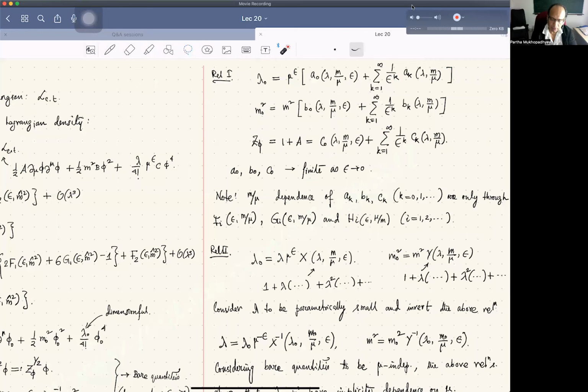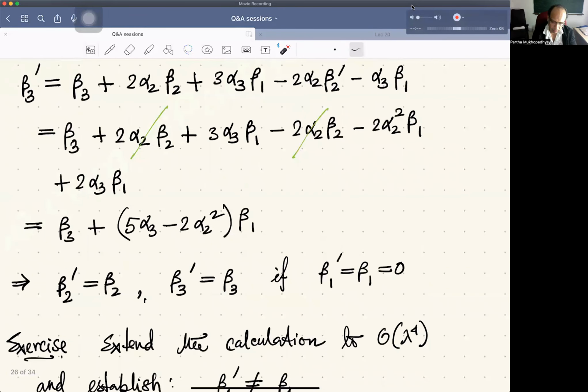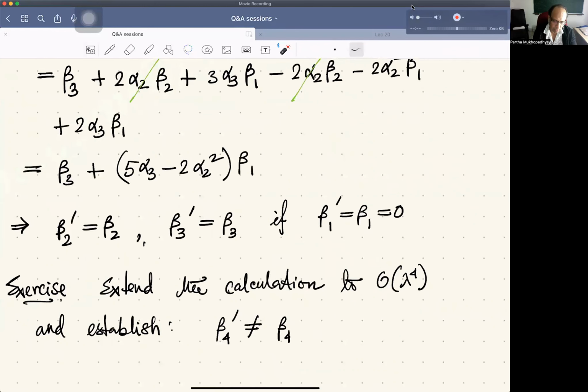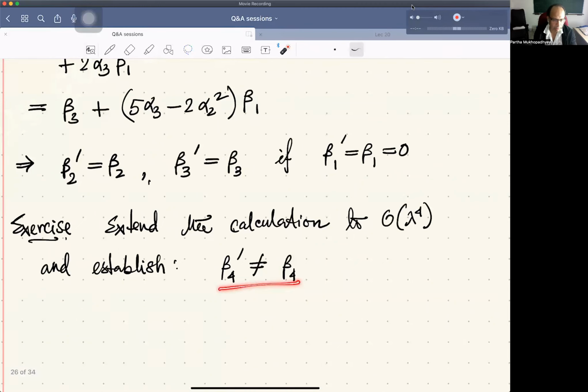So we just argued that in the case of phi-4 theory, it receives contribution starting from lambda square, and therefore beta 1 and beta 1 prime are 0, which leads to the invariance of the beta function up to lambda cube. Lambda square and lambda cube terms are invariant under the change of renormalization prescription. And in fact, if you set beta 2 equal to 0, then one can show that beta 4 prime and beta 4 are also the same.